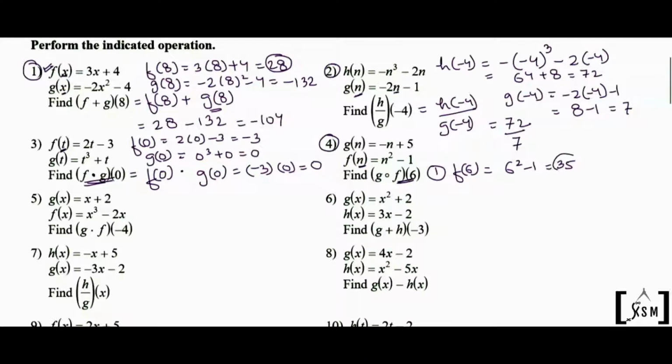So this 35 I will plug into my g function. So I will get g of 35 equal to negative 35 plus 5, which is negative 30. Hope it makes sense.